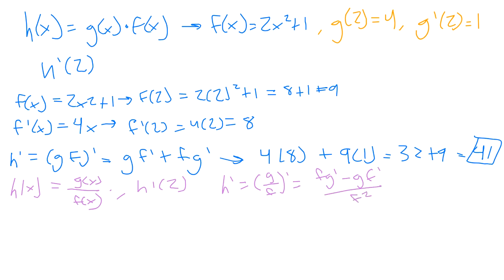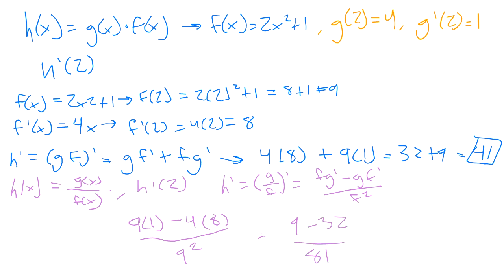So we can go ahead and plug everything in: our f of 2 is equal to 9, our g prime of 2 is equal to 1, minus our g of 2 is equal to 4, and our f prime of 2 is equal to 8, all over our f of 2, which is 9 squared. So this would get us 9 minus 32 all over 81.